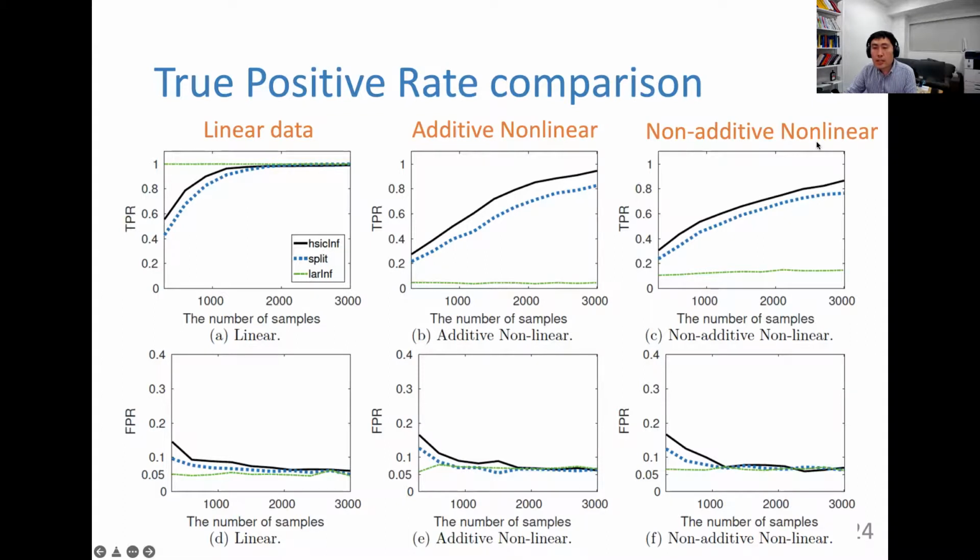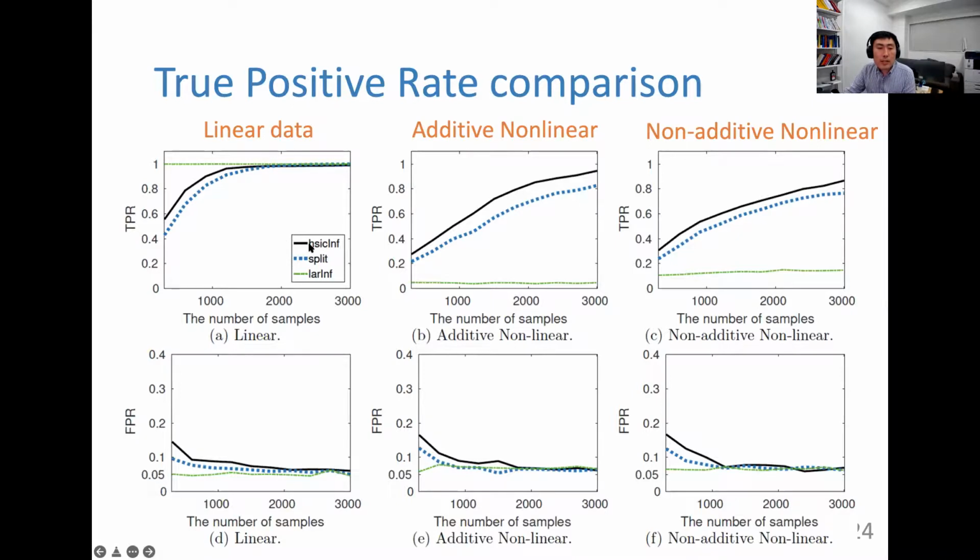Non-additive nonlinear can be a feature-feature interaction case, where the features and the output are nonlinearly related. The x-axis is the number of samples we used, and the y-axis is the true positive rate. Higher is better, and equal to 1 is the best.